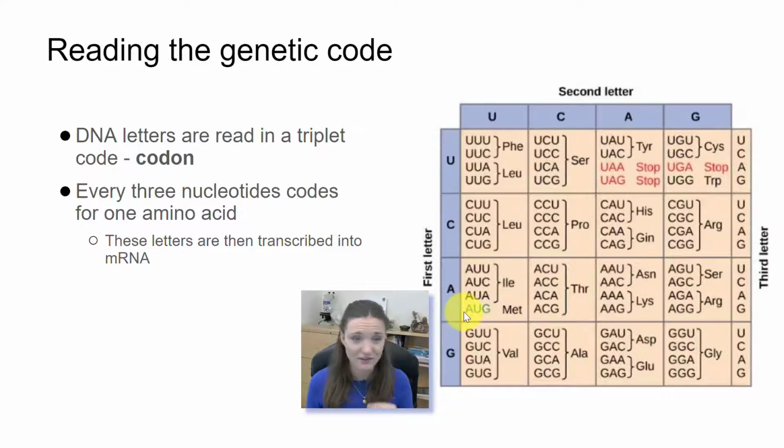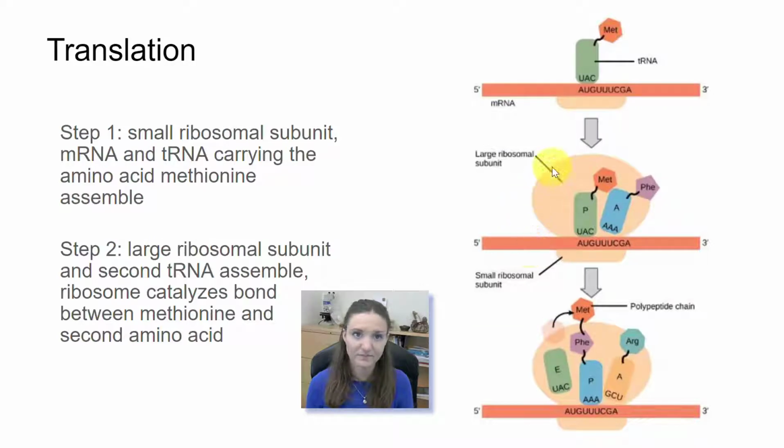So what starts off all polypeptide chains is an AUG, which is the amino acid methionine. So we have the small subunit, the mRNA binds to that smaller subunit, and now we have a tRNA that has a complementary anticodon to that AUG start codon, and it's carrying the amino acid methionine.